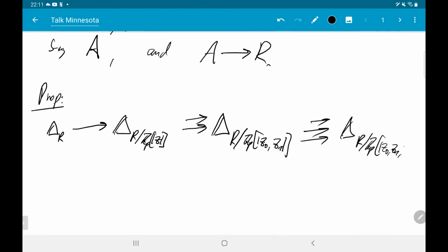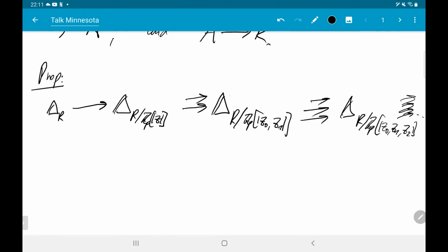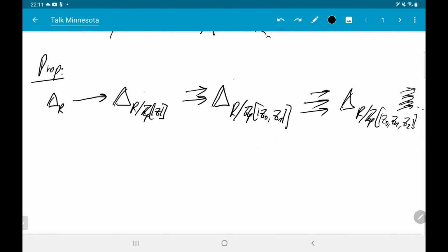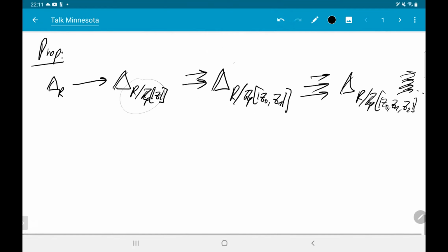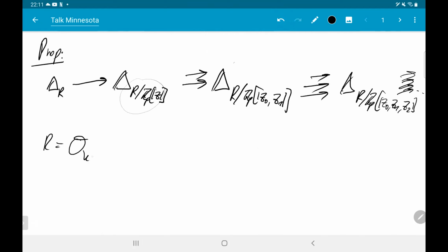And we can now, with this observation, do the same thing on the level of prismatic cohomology, because we know that it's functorial in maps that don't respect the prism structure, right? If you didn't know that, then somehow, if I write this down, you first need to tell me what the prism structure actually is, right? So what I'm going to do here is say this R is something like O_K mod pi to the n.